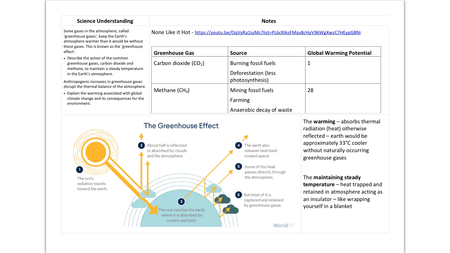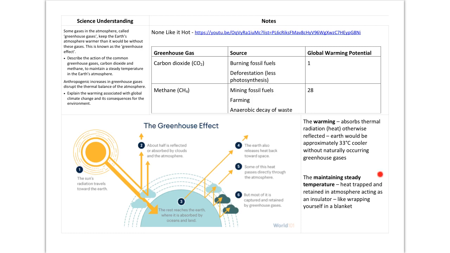The other thing to distinguish between here, because sometimes this causes confusion, hopefully what I've explained explains how greenhouse gases cause the planet to be warmer, because they absorb that heat that would otherwise be reflected and lost from the planet.